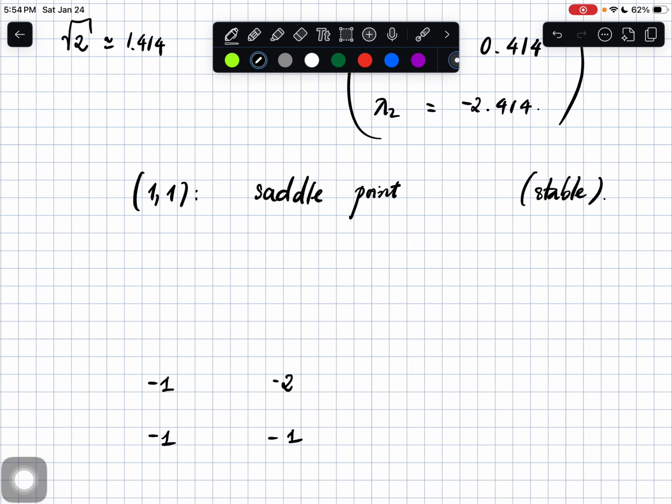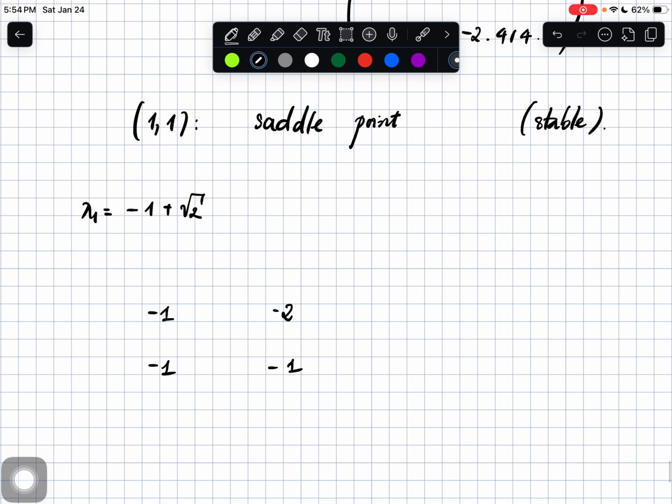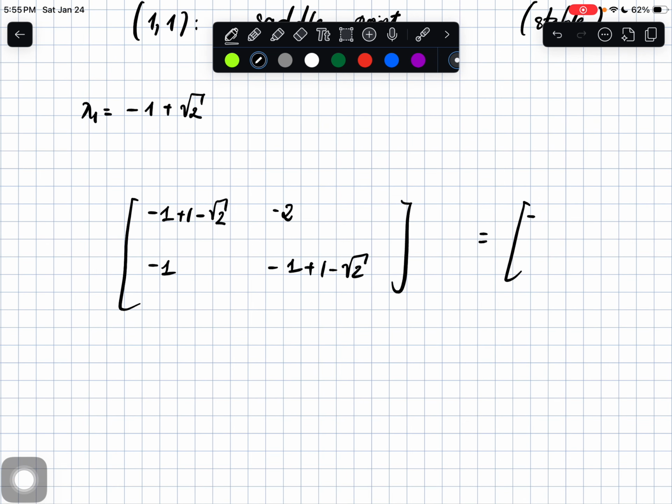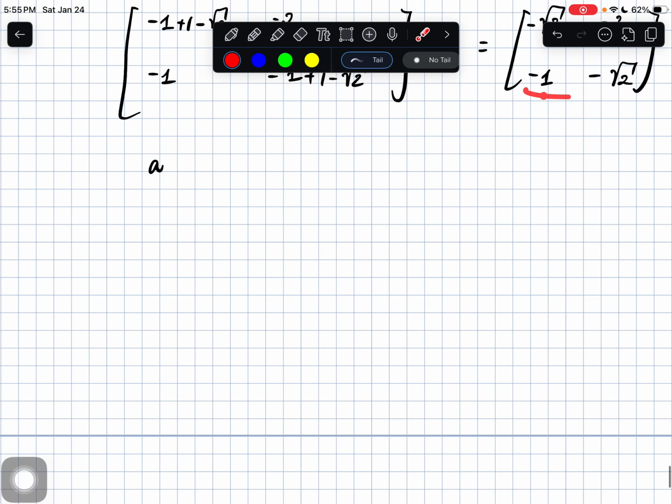Corresponding to lambda 1 equals minus 1 plus root 2: minus 1 plus root 2 plus 1, minus root 2, you have minus root 2, minus 2, minus 1, minus root 2. So A, choose this one, A plus root 2 B equals 0.